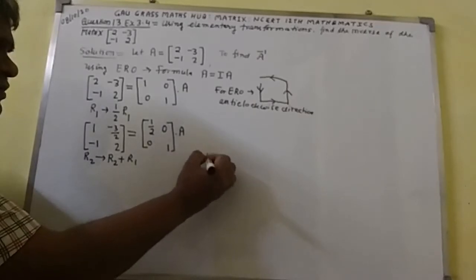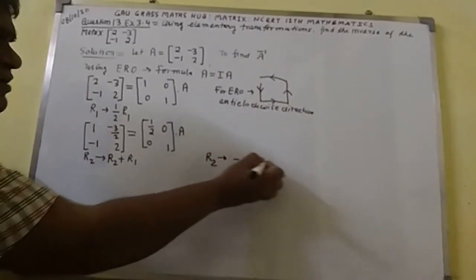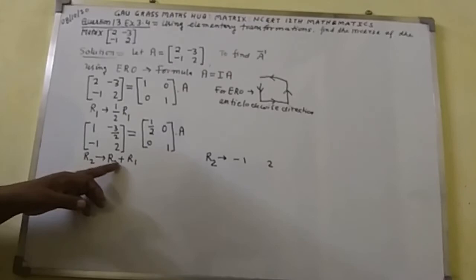So here I shall write R2. The elements of R2 I shall write here: -1, 2, and here is R2 plus R1.